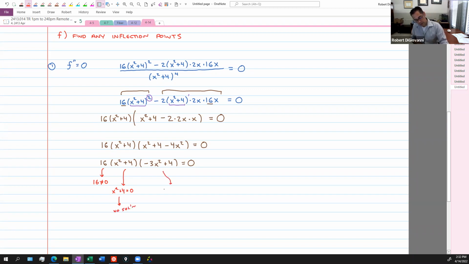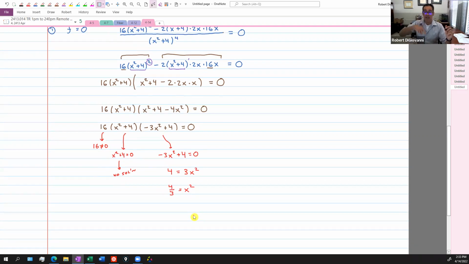Now this one, negative 3x squared plus 4 equal to 0, that I can solve. And there's different ways to go about this. I'm going to move the negative 3x squared to the right to make it positive. I'm going to divide both sides by 3. And then I'm going to take the square root on both sides. So that means I have plus or minus square root of 4/3 equals x.